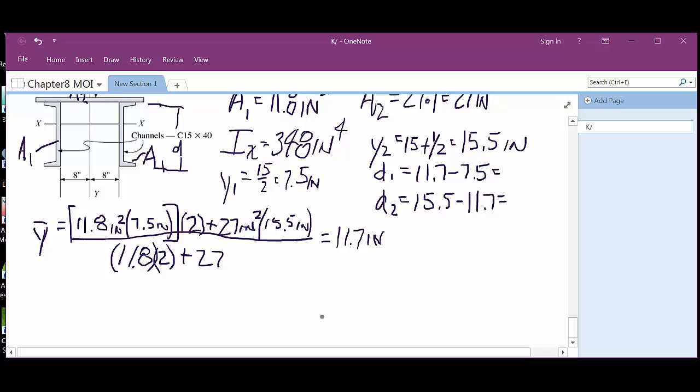Again, that's an absolute value because the D value gets squared anyway, right? So 11.7 minus 7.5 is 4.2 inches, and 15.5 minus 11.7 is 3.8.